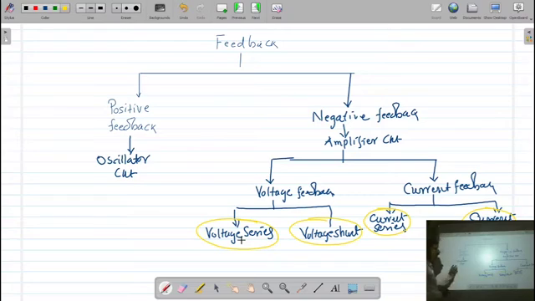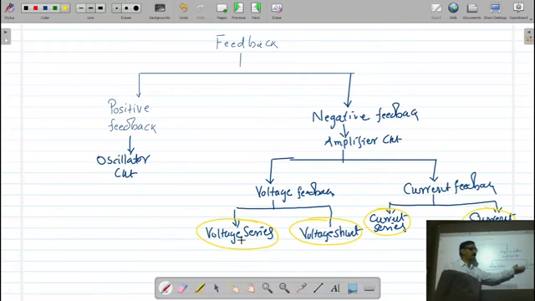I think the types of feedback are clear to you. Positive feedback is used in an oscillator circuit, and negative feedback is used in an amplifier circuit. Now, how are you giving the feedback? You are giving the output voltage to the input or the output current to the input.